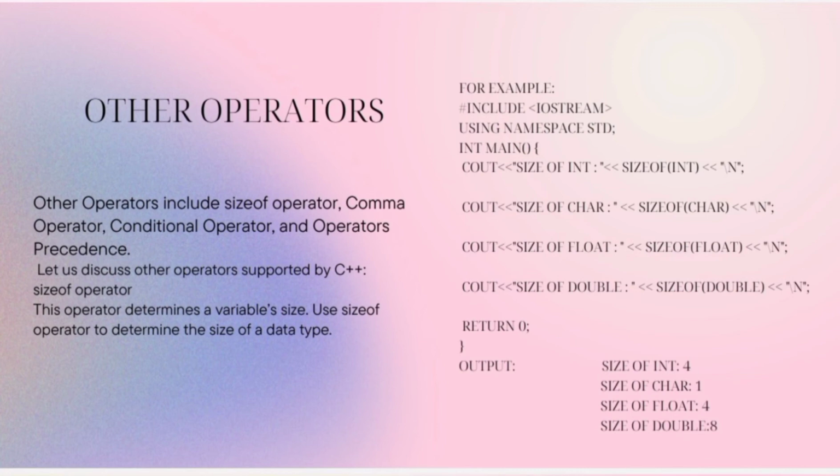#include <iostream> using namespace std; int main() { cout << "size of int: " << sizeof(int) << "\n"; cout << "size of char: " << sizeof(char) << "\n"; cout << "size of float: " << sizeof(float) << "\n"; cout << "size of double: " << sizeof(double) << "\n"; return 0.